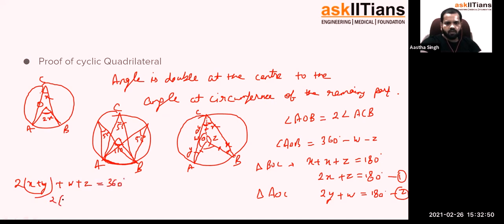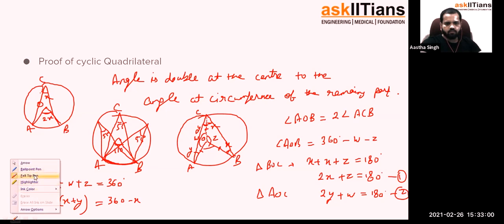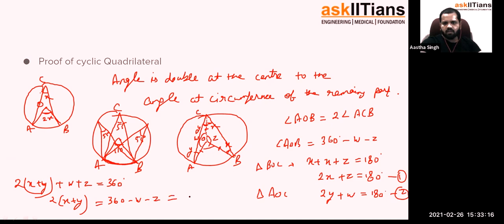You can write 2 times x plus y is equal to 360 minus w, minus z. And what is 360 minus w minus z?